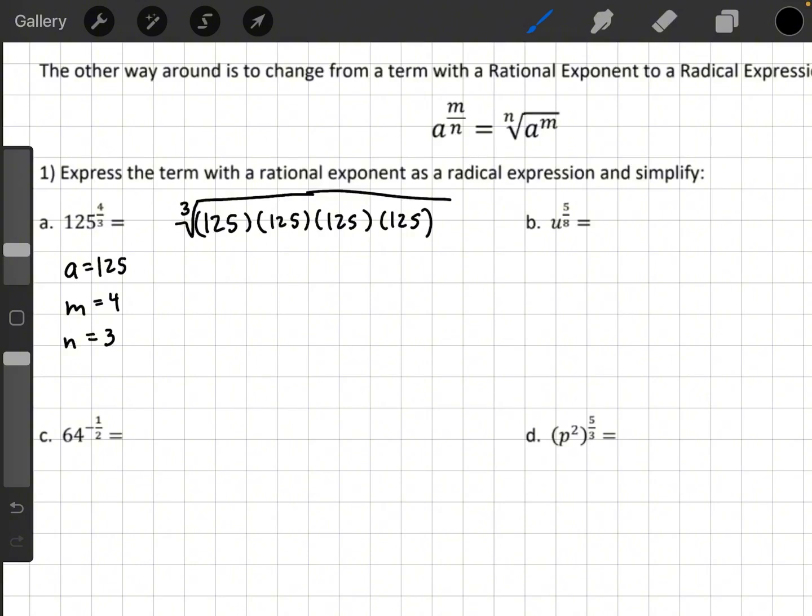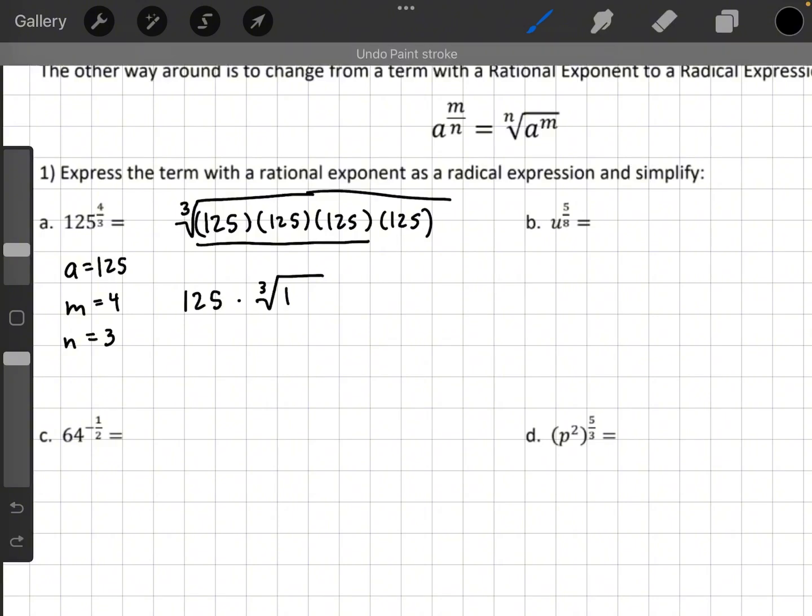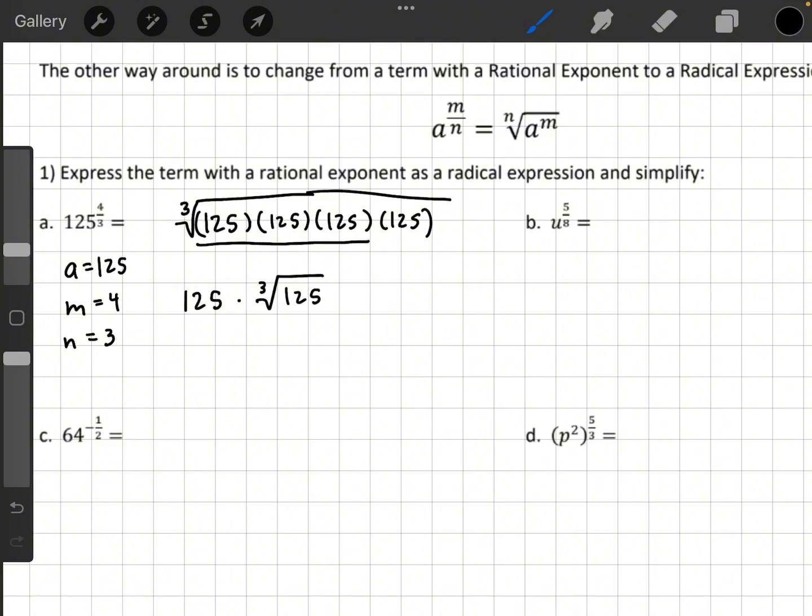To expand it out like this, we can use the grouping method that we used at the beginning. So we can take this group of 3 out, and we'll move it to the outside. So 125 times the cube root of 125. We have a single remainder which will stay on the inside. Now the cube root of 125 we can find by breaking this up into 5 and 25, and we can do it again, 5 and 25.